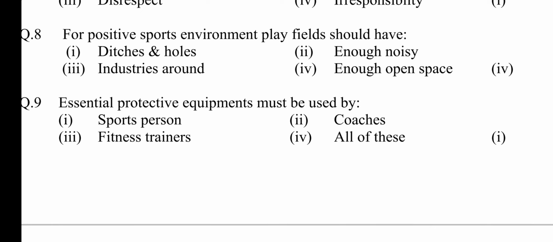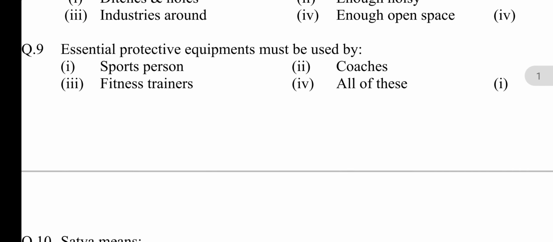Answer is option fourth, enough open space. Question number 9. Essential protective equipments must be used by option first, sports persons. Second, coaches. Third, fitness trainers. Fourth, all of these. Answer is option first, sports persons.